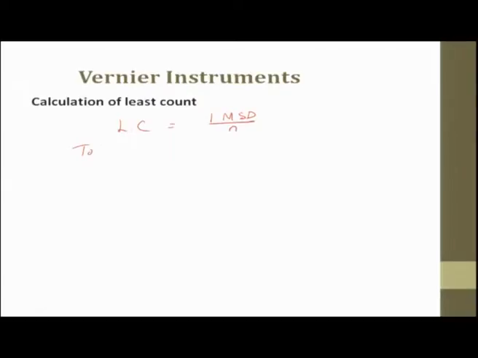So, the total reading, whatever we do, is MSD plus vernier scale reading times least count. Here let me explain the acronyms. MSD or MSR is the main scale reading, main scale division.